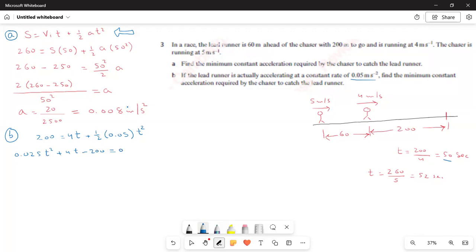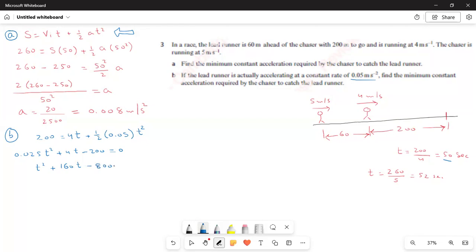I divide it by 0.025, so it becomes a little easier: t squared plus 160t minus 8,000.